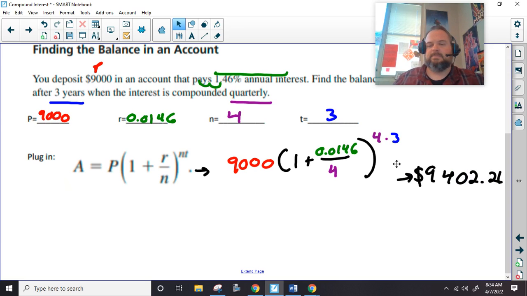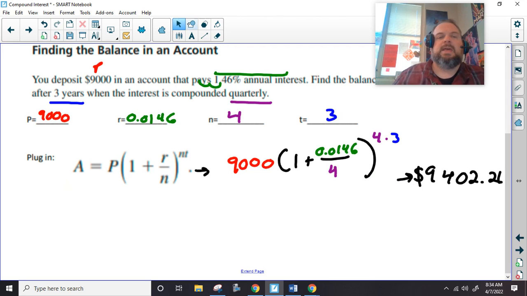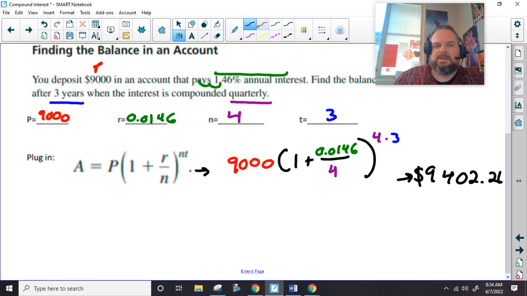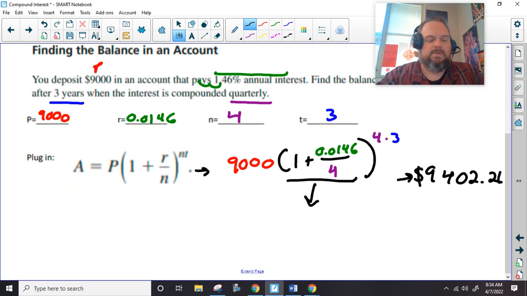Now, this is our answer if we plug it in all at once. If you were not doing that, I would do this part first in the calculator. So you would have 1 plus 0.0146 over 4.